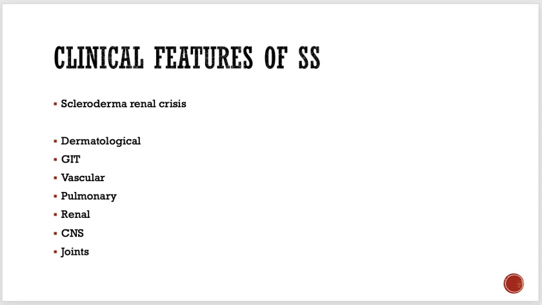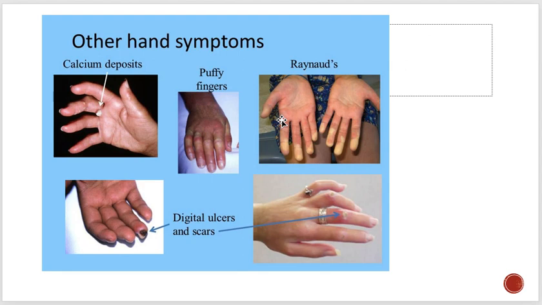So anyone who has scleroderma, and remember, in the vascular one, Raynaud's phenomenon is common, right? You can say scleroderma is the most common cause of secondary Raynaud phenomenon. Now, I told you what Raynaud phenomenon is, and showed you this one. For example, this is a photograph of Raynaud phenomenon.